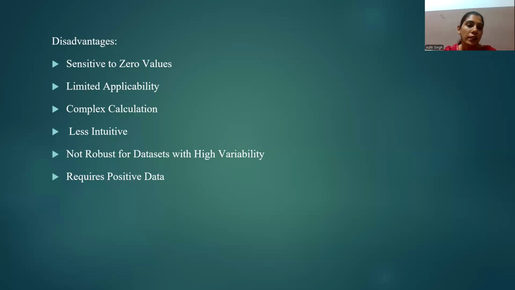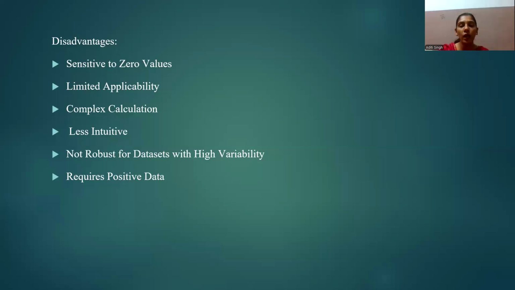Next point is it is less intuitive. So, what does intuitive mean? Basically, it is the ability to know or understand things without any proof or any evidence. In this context, we can say that the concept and interpretation of the harmonic mean can be less intuitive for individuals who are unfamiliar with its applications, and it makes communication harder.